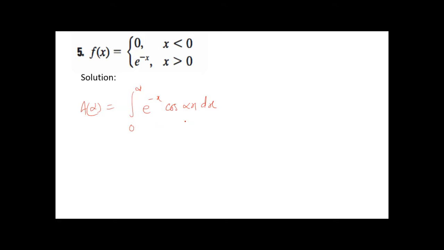Right. So to solve this one, we will take the easiest route. We remember the Laplace transform of f of t is equal to the integral from 0 to infinity of e raised to minus st times f of t dt, isn't it? If t is x, s is 1, and f of t is cosine alpha x, what do we get here?